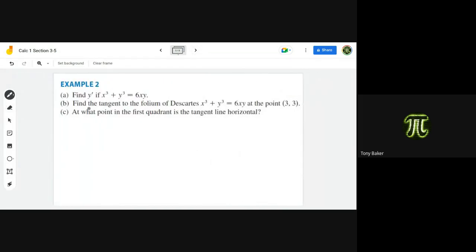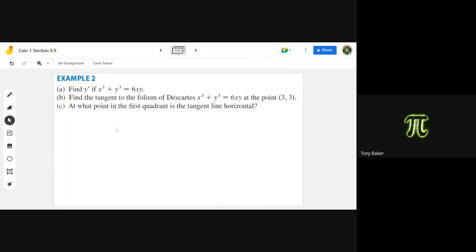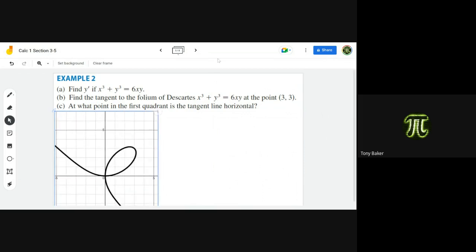All right, let's look at this one. This is what the graph looks like.